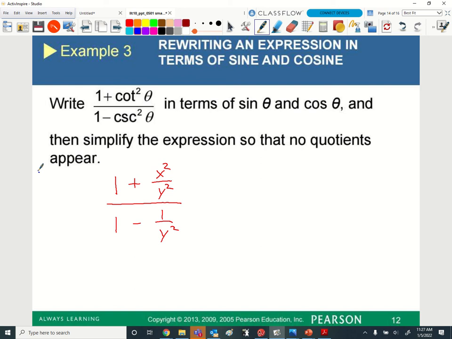In this case the common denominator is just y squared. But if one was y squared and the other was x squared, the common denominator would be x squared y squared, both together. Here, one denominator is 1 and the other is y squared, on top and on bottom. We're going to multiply top and bottom by y squared. So watch this.